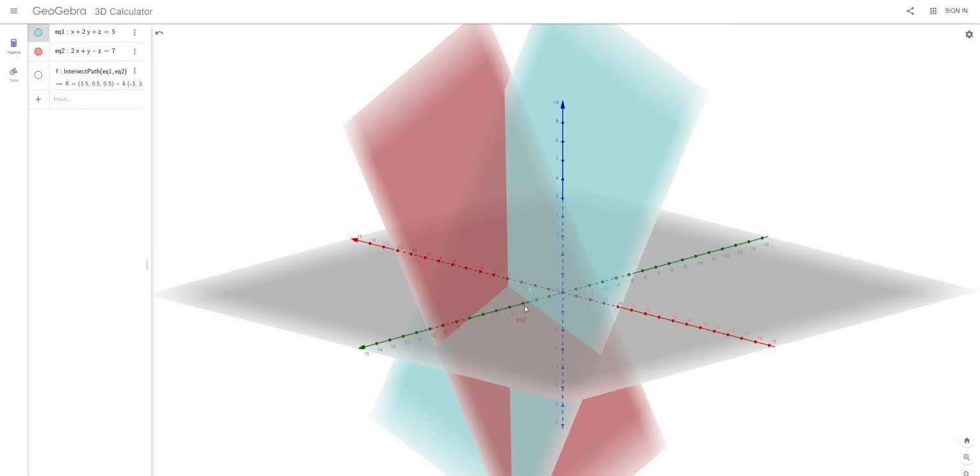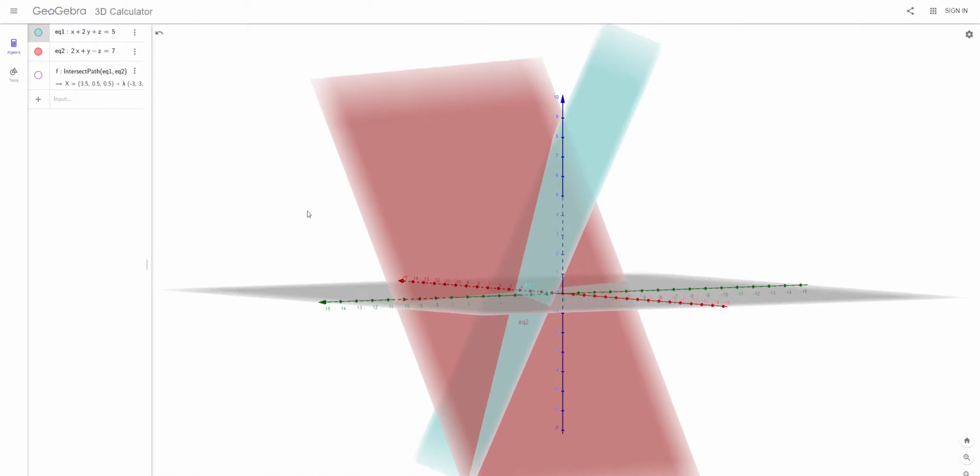So I'm going to find two intersection lines first, and then I'm going to find where those lines intersect, and that'll give me a point that's in both of the planes and in the xy plane. And that will then be on the line of intersection.